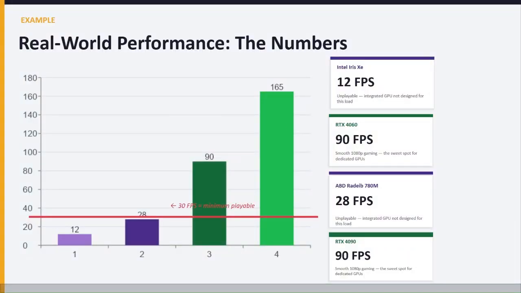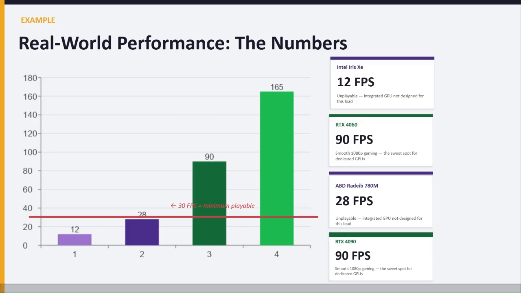This is a comparison of the performance of different GPUs. We can see that for Intel, we have a 12, an integrated GPU. You have 12 FPS. This is frames per second, how smoothly it refreshes every image.